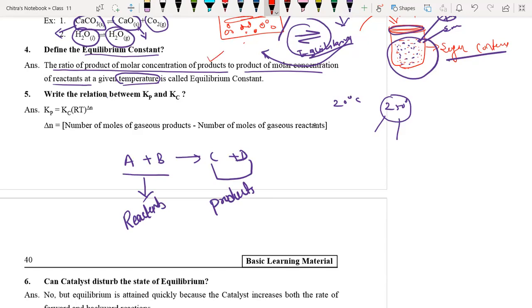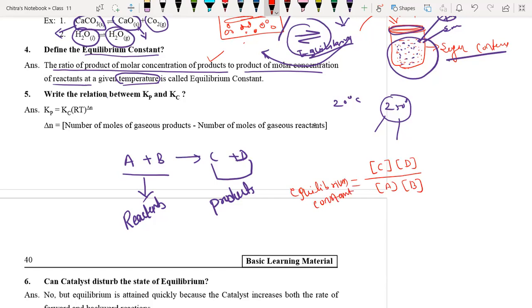Molar concentration means, to represent concentration, we use square brackets. So we have the concentration of C times the concentration of D, divided by the concentration of A times the concentration of B. Their ratio is called the equilibrium constant.